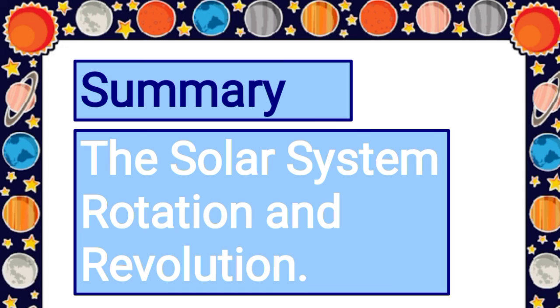Rotation causes day and night, and revolution along with the tilt of the axis of earth causes the seasons. It takes the earth about 24 hours to complete one rotation and 365 and a quarter days to complete one revolution.